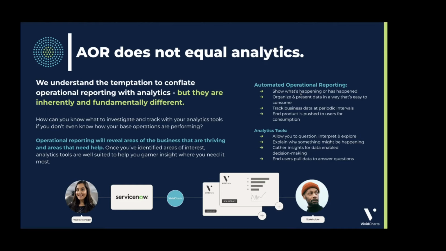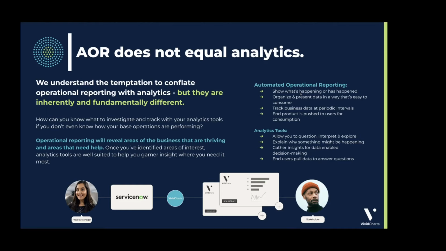From an analytics perspective, it's much more about interpreting, questioning, collecting data over time, and really trying to bucket data in a way that allows us to gain insights and explore what's happening in a certain process area. From a data architecture perspective, automated operational reporting is fully structured directly in the ServiceNow platform because that's where the processes live.